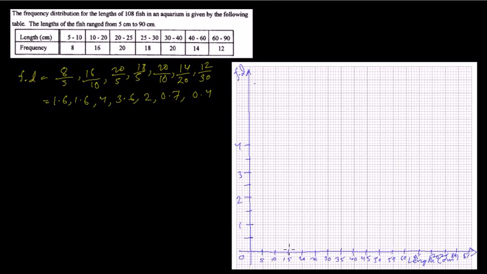This is extremely important. Since we have no gap here, the class boundary is the limit. So 5 is the class boundary, 10 is the class boundary. There is no need to do continuity correction because there is no gap here. So the height is going to be 1.6. So 5 to 10, this is 1.6.